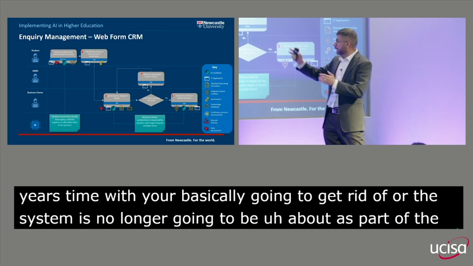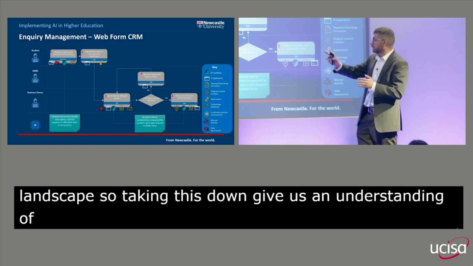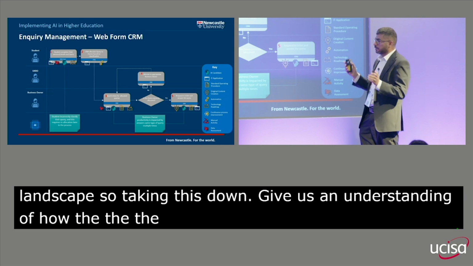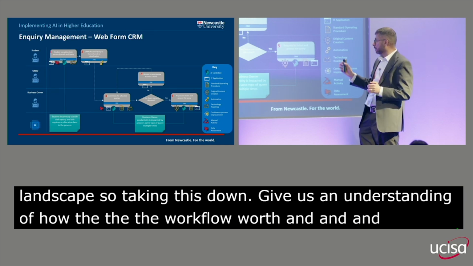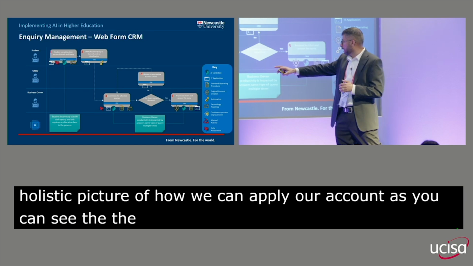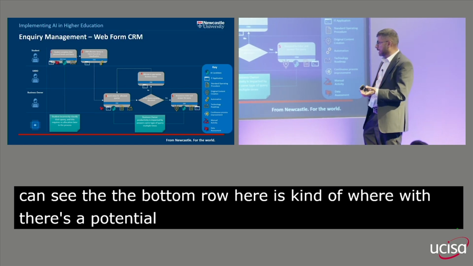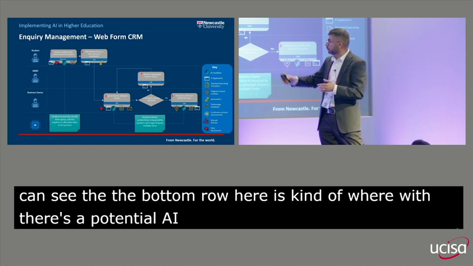Breaking this down gives an understanding of how the workflow works and a holistic picture of how we can apply AI, or we can't. As you can see, the bottom row here is where AI can potentially be applied to this workflow.